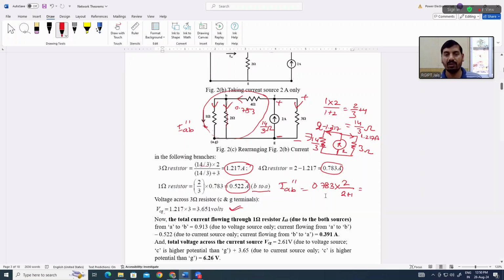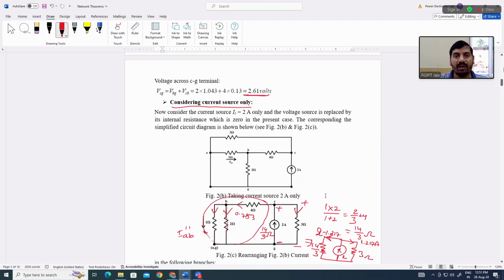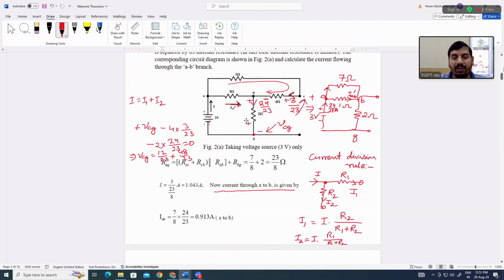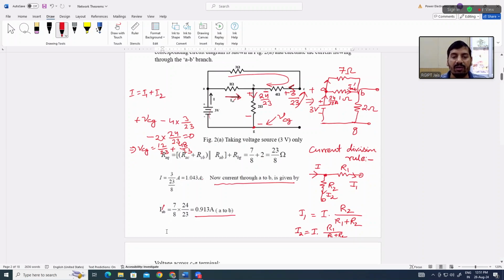So now we have to take the algebraic sum of both currents and voltages. Okay, so algebraic sum of currents we can see in the previous diagram when we are considering single voltage source. So in that case, IAB dash is the current flowing from A to B, 0.913.